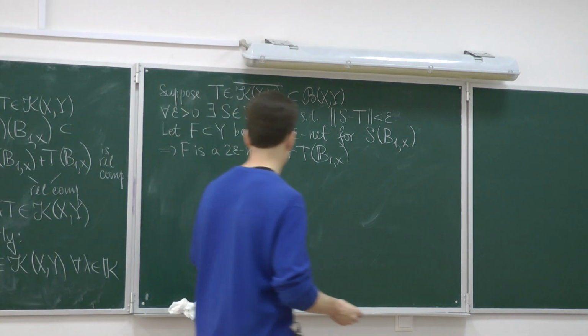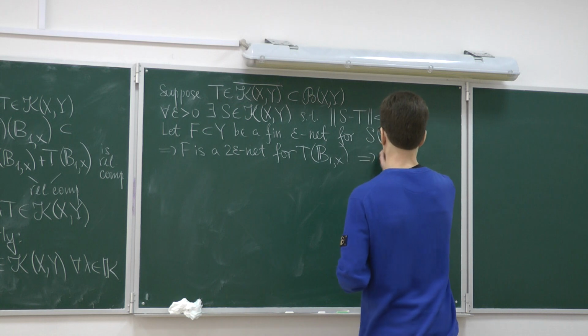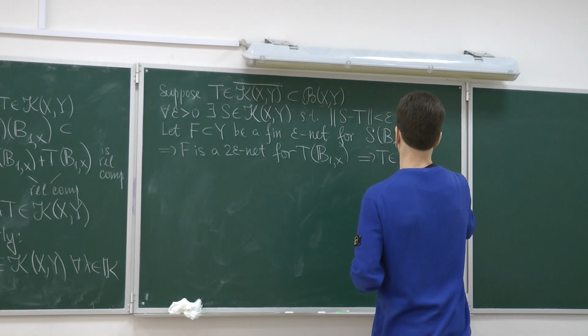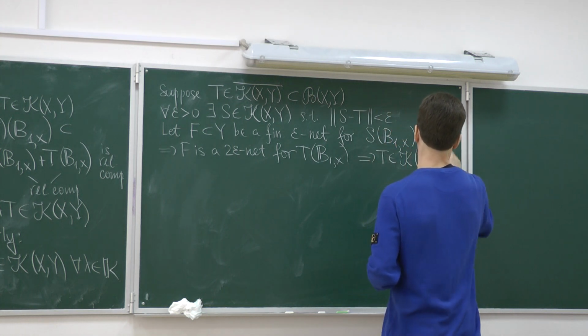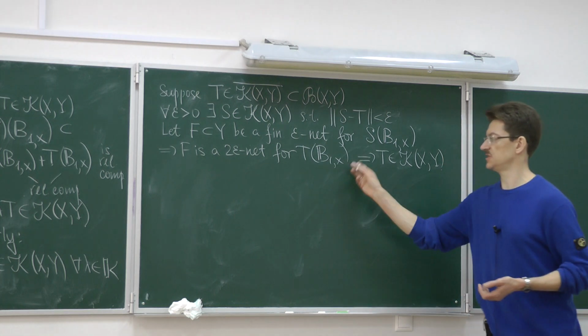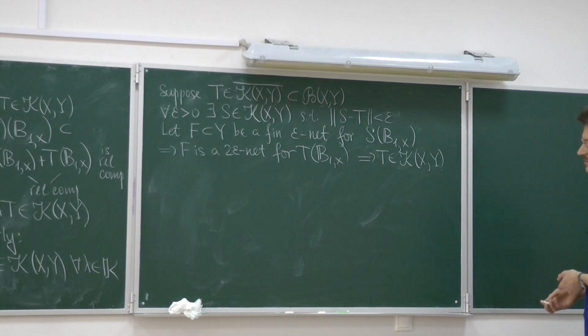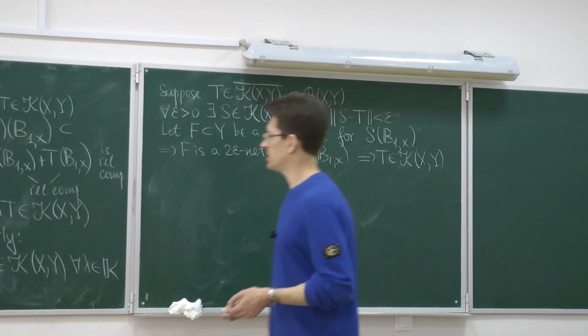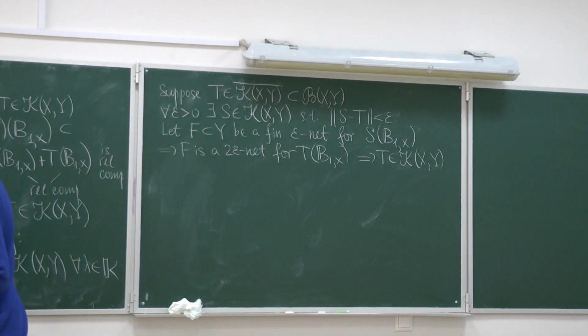And since epsilon is arbitrary, we conclude that T of B is totally bounded. So the operator T is compact. Okay, so this proves the first part of our theorem.